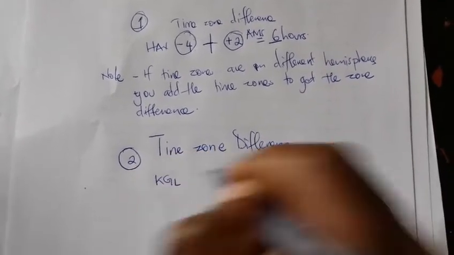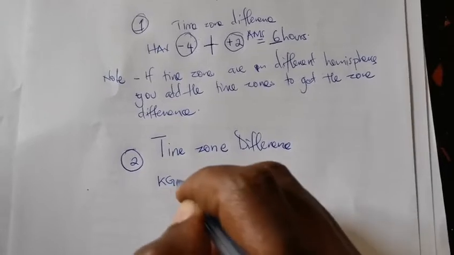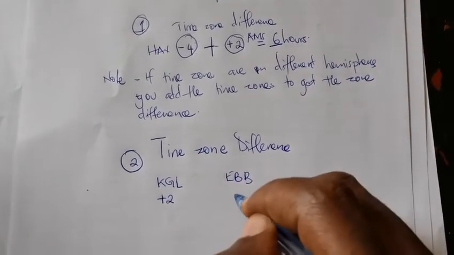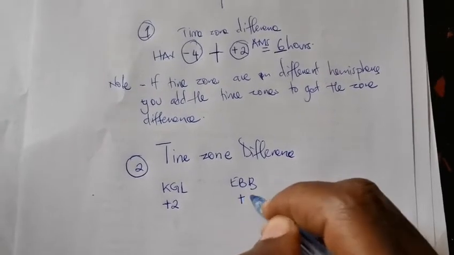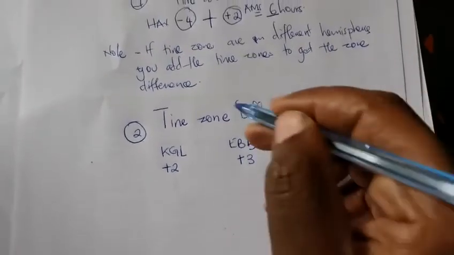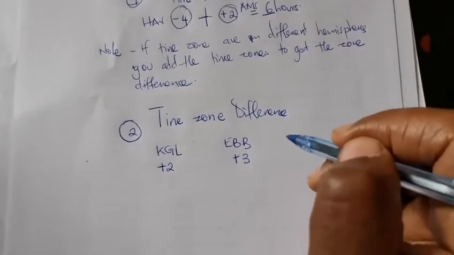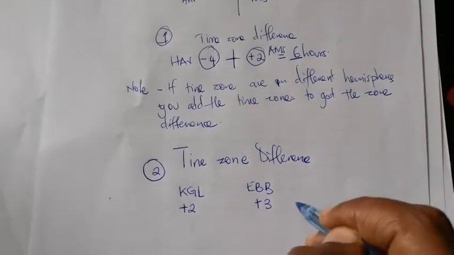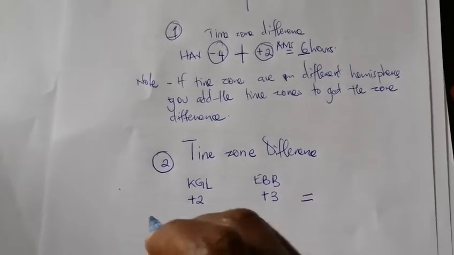What are the time zones for these countries? KGL is at +2. EBB is at +3. So to find the time zone difference, what you have to note here is the following. Note.